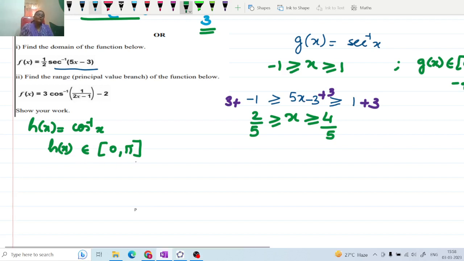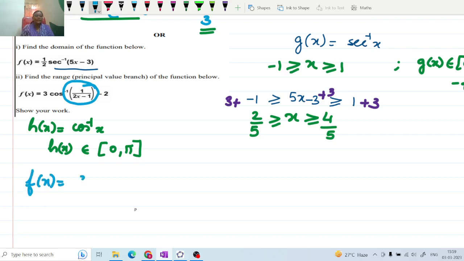But be alert. There is an alert sign here. This is 1 on 2x minus 1. This actually is nothing but 3 times sec inverse of 2x minus 1, minus 2. So we need to bring in the condition for the sec function, not the cos function.